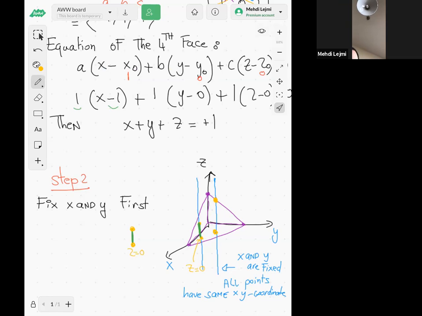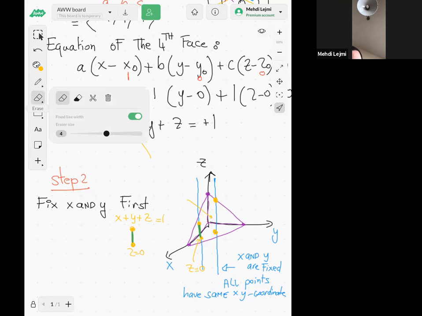Now, the other point, the intersection of my line perpendicular to the XY plane with the tetrahedron, will belong to the fourth face. The equation of this fourth face is X plus Y plus Z equals 1.